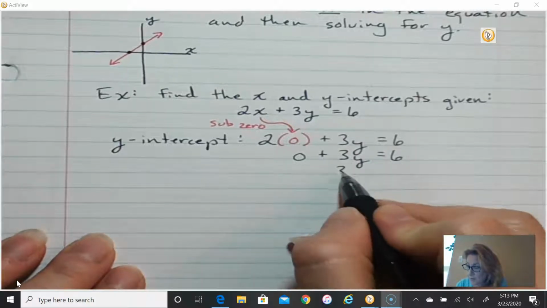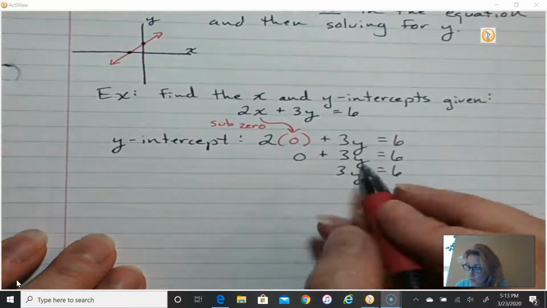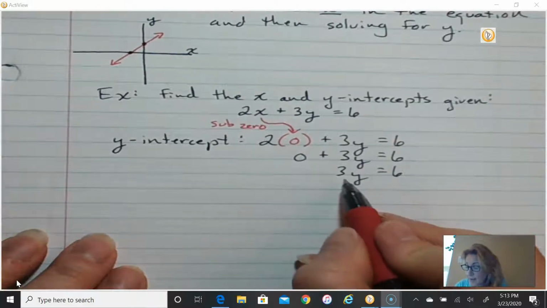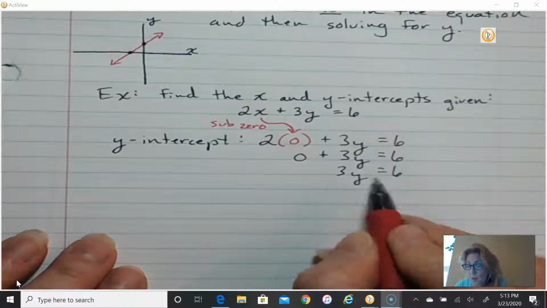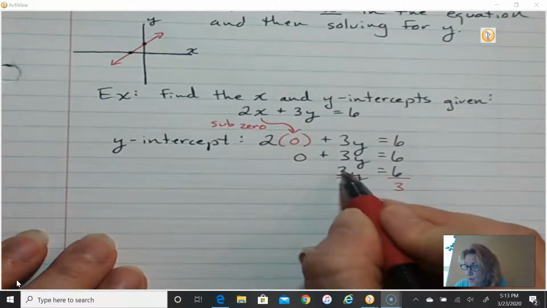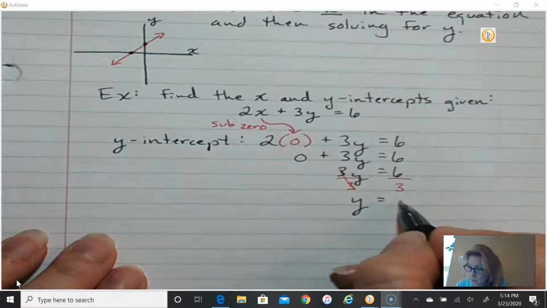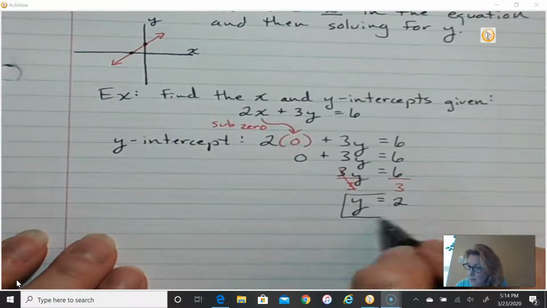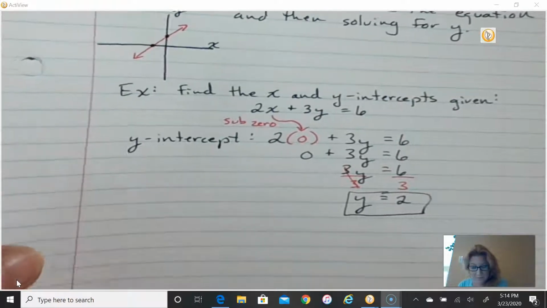What we really have is 3y equals 6. Now, intruder alert, we need to isolate the variable. The 3 is right next to the y, so it's multiplying. So we're going to divide both sides by 3. Those cancel out. y equals 2. There is my y-intercept.